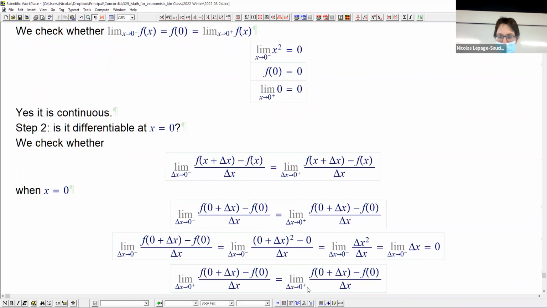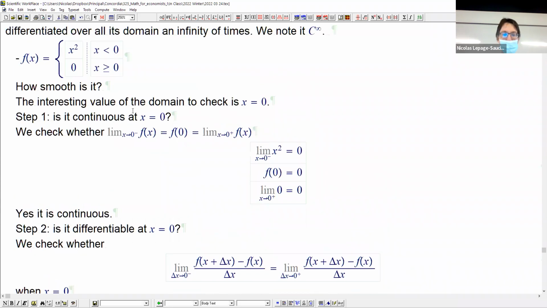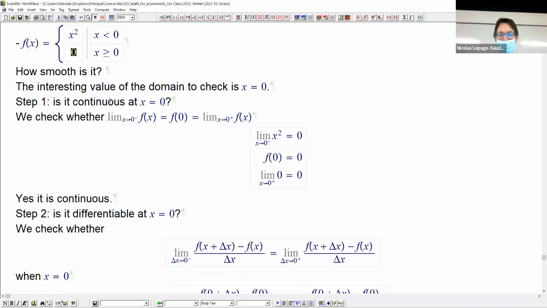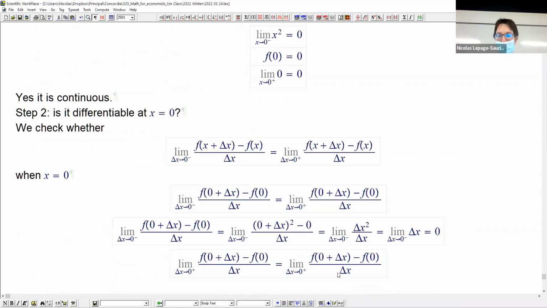Right, so now I have positive values of delta x. So it means that I'm going to have here f of 0 plus delta x, some positive values. So I am in this section of the function here. So what do I get? I get 0. Whatever delta x is, as long as it's positive, I know that the value is 0.